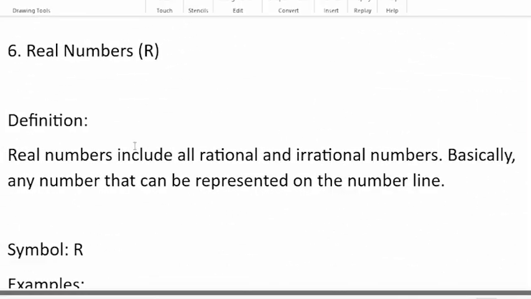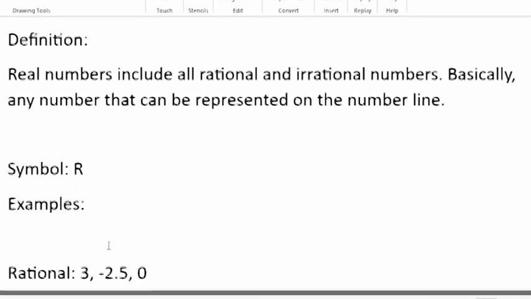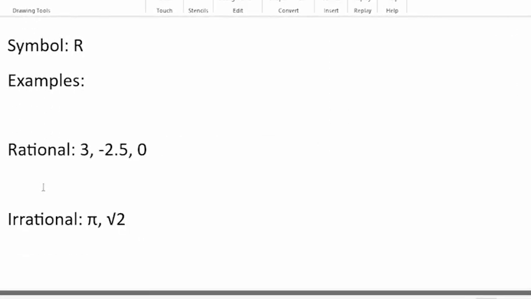And the last one is the real number. What is a real number? Definition: real numbers include all rational and irrational numbers. Basically, any number that can be represented on the number line. Examples: rational, for example 3, minus 2.50.